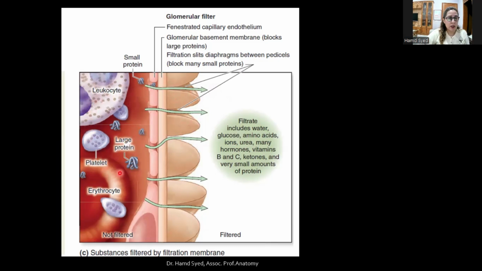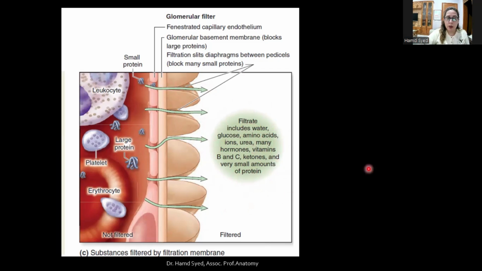This here you can see is the blood within the capillaries, and it contains the leukocytes, the large proteins, platelets, erythrocytes, which of course will not be able to cross the glomerular filtration barrier, but it does allow the smaller proteins to pass across this barrier, and a few of those small proteins will be blocked along the way, but eventually the filtrate will contain, you can see, water, glucose, amino acids, ions, urea, many hormones, vitamins B, C, ketones, and like I mentioned, very small amounts of protein.